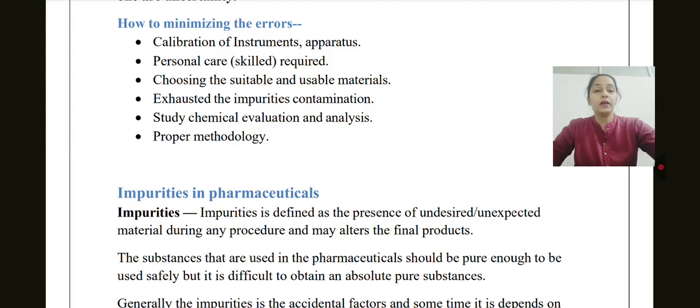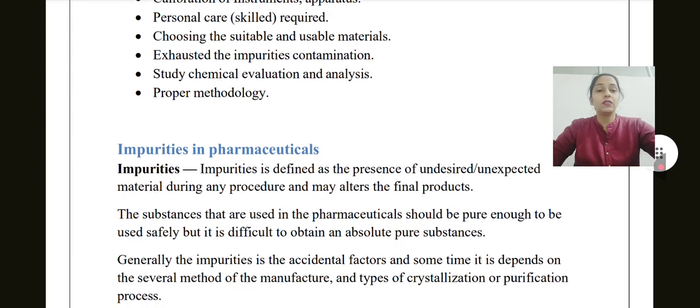Choosing suitable and usable materials. Next is exhausting the impurities and contamination, study chemical evaluation and analysis, and the last one is proper methodology. So we can eliminate or minimize the errors occurring during an experiment.